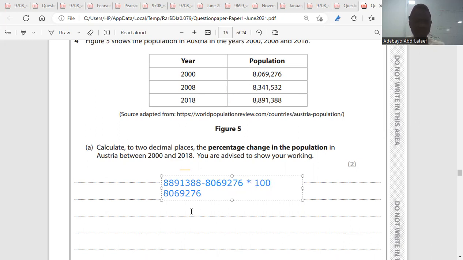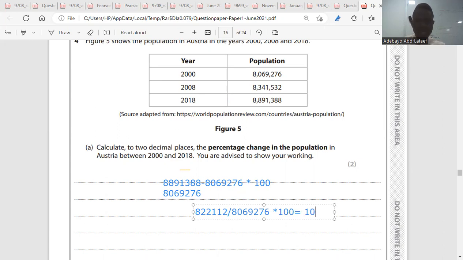So this gives us 822,112 divided by 8,069,276 multiplied by 100. So the answer is 10.19%. 10.19%. So that's the answer for that.